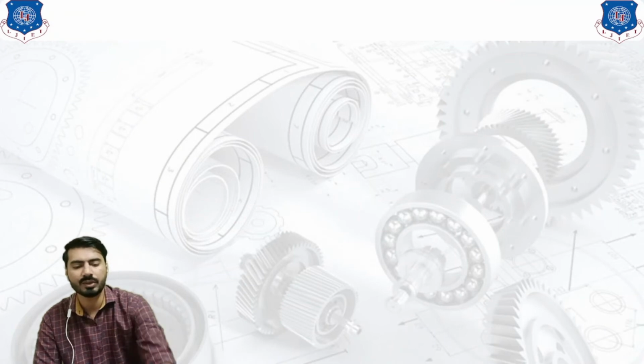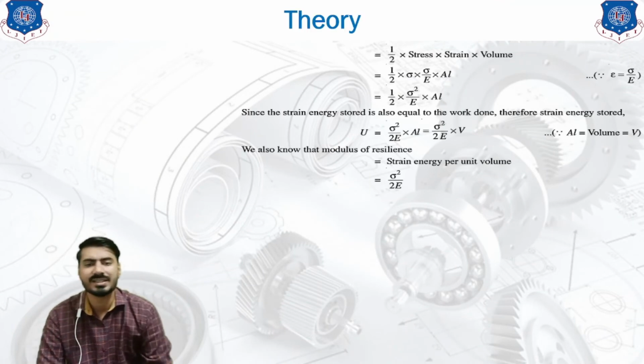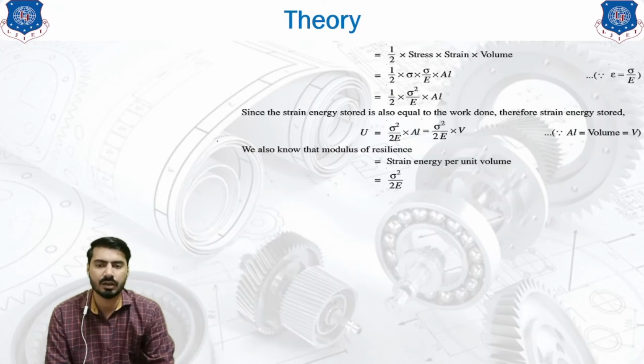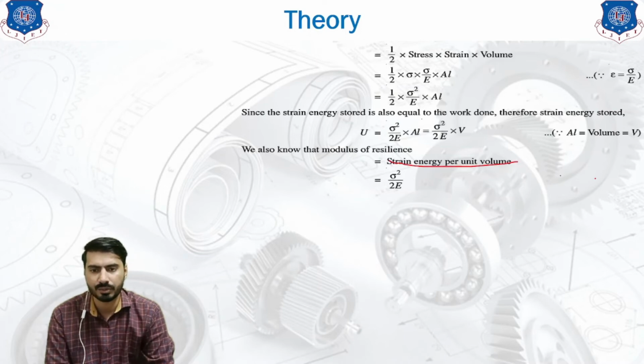So this would be our final equation of work done, which itself is the strain energy. Now we are just going to simplify this equation a little bit further. Instead of strain, we are going to use sigma upon E. If we multiply and simplify, the equation would look like this.